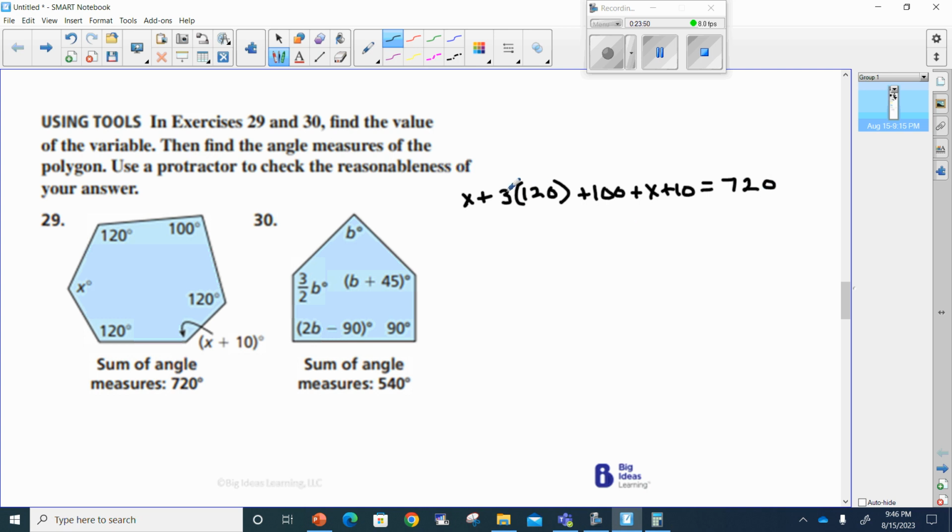Okay, now I can distribute properties, that'll give me x plus 360 plus 100 plus x plus 10 equals 720.